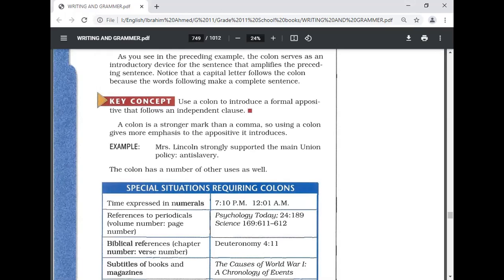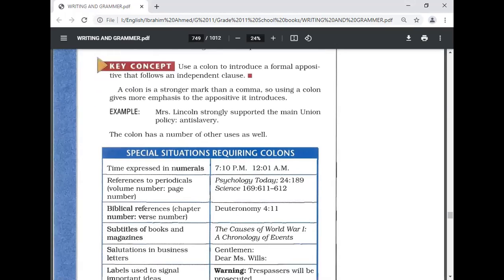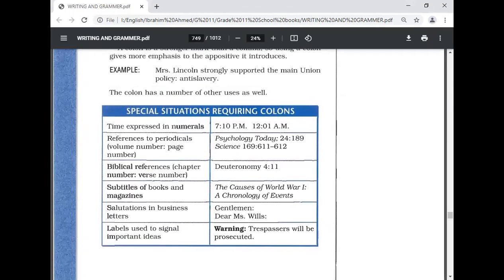The colon has a number of other uses as well. Look at the chart here. Special situations requiring colons. Time expressed in numerals, like 7:10, 12:01. References to periodicals: volume number, page number.